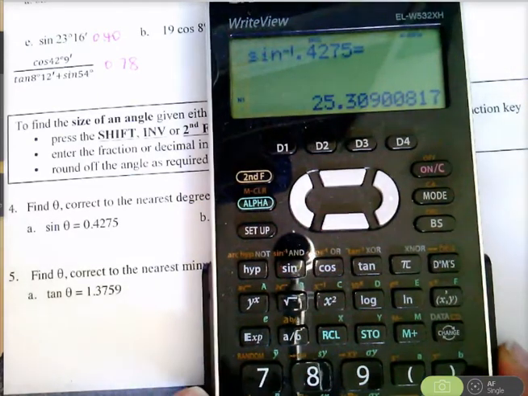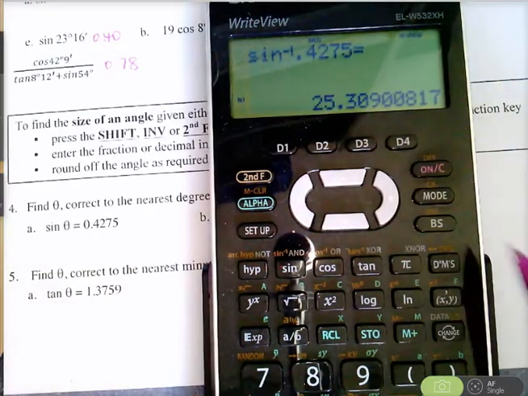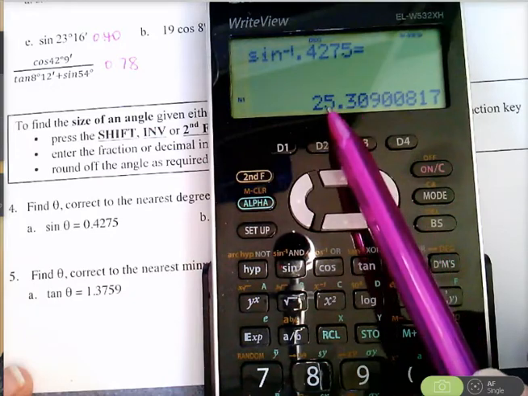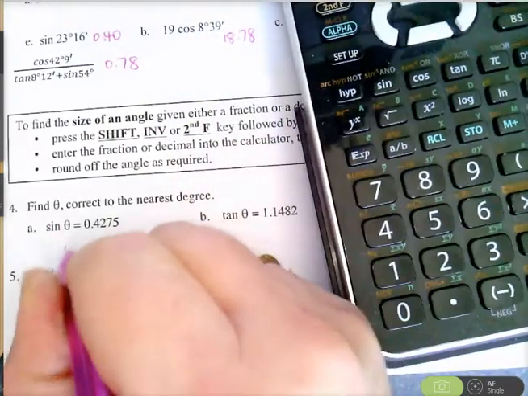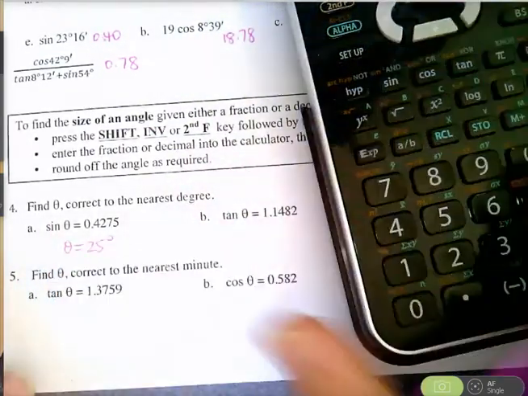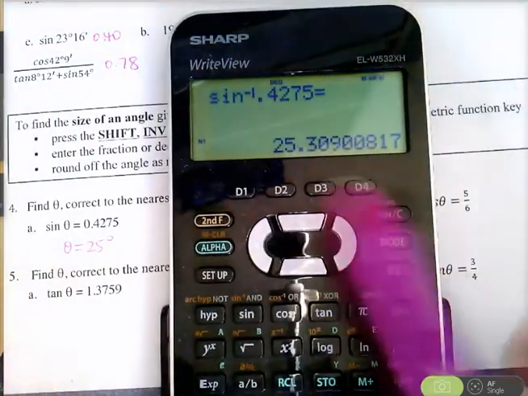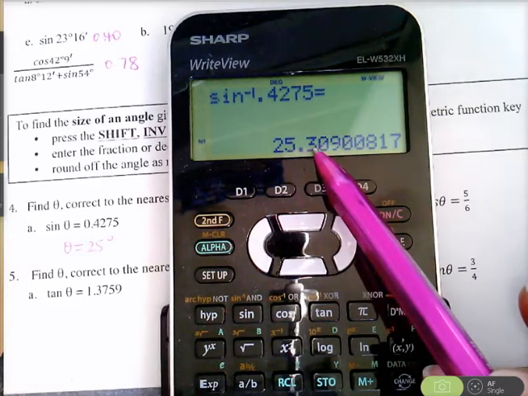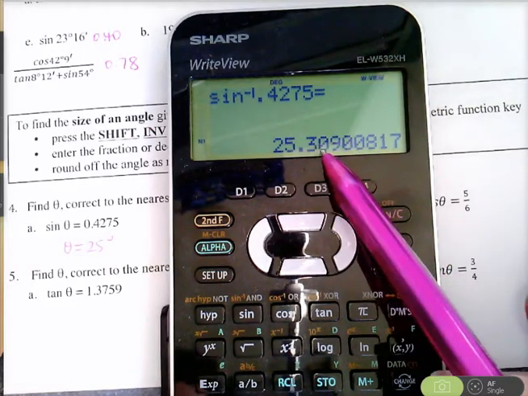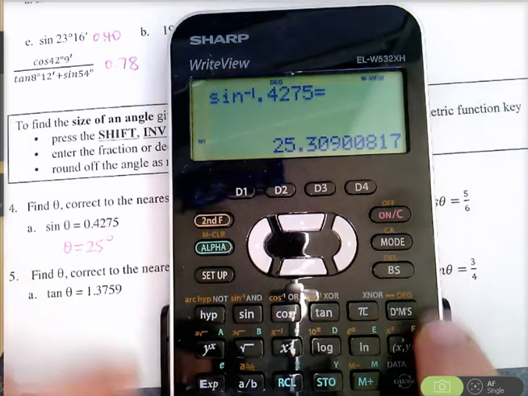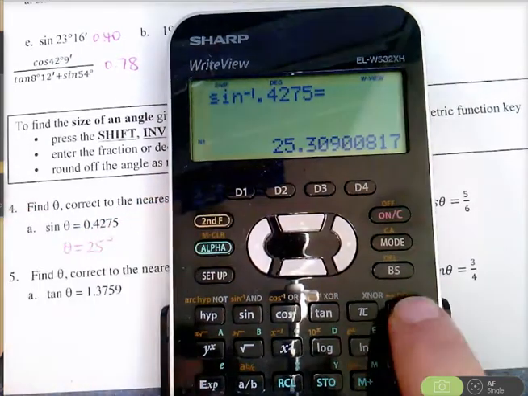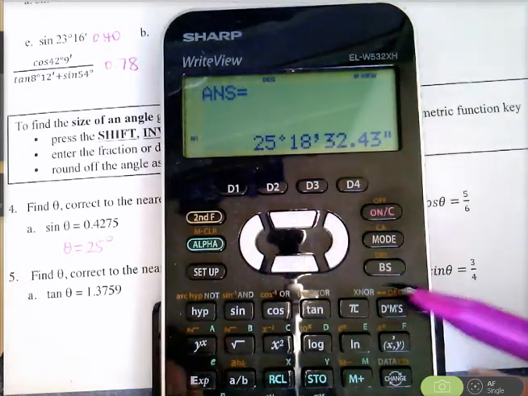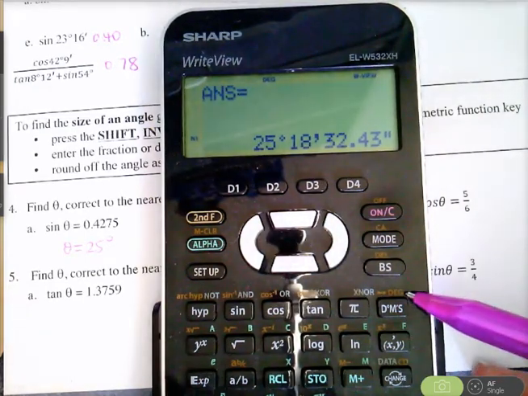Okay, so 25.3 degrees is still in decimal format, because it's got a decimal point. You can change that into degrees, minutes and seconds by pressing your second function button again and your DMS button, because on top of that it's got backward arrows, shift back to degrees.